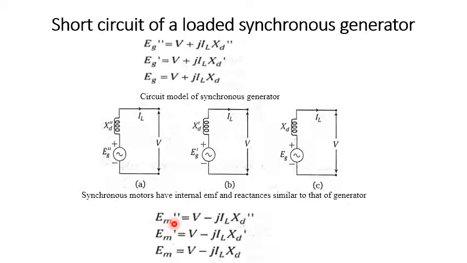Em double dash is equal to V minus j IL into Xd double dash, the subtransient; Em dash is equal to V minus j IL into Xd dash, the transient; similarly Em is equal to V minus j IL Xd. This is the small difference between the generator and the synchronous motor.